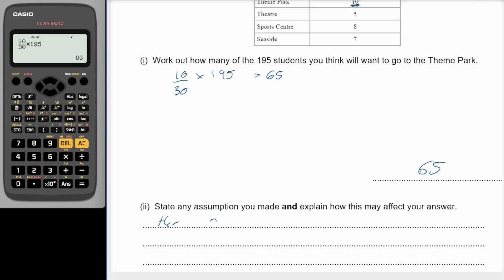That her sample is representative of the whole group. If it's not, my answer may be wrong.